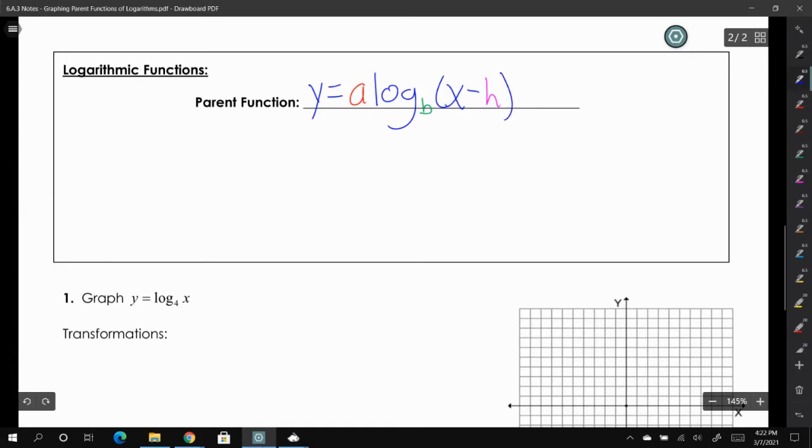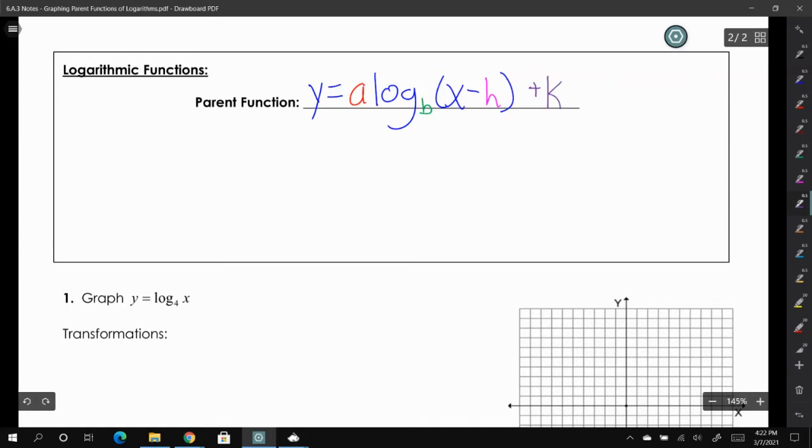And that is kind of the benefit of having these functions written this way, because every time we get a new function to learn about, the a, h, and k are going to do the exact same thing.